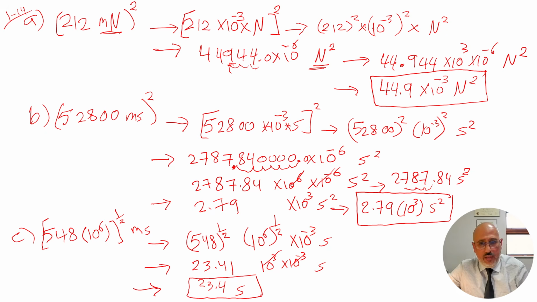As we said before, 3 significant figures, you need to have a box around your answer. If your unit, like this one here, is raised to a power, you don't put prefixes. You just put 10 to the power 3 or 10 to the power minus 3 here. If it's not with the power, then you can put a prefix with the milli and micro and all of these things. So that's the notation.